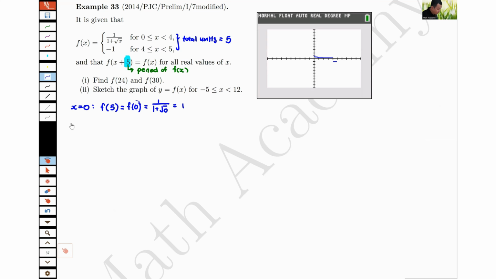So let's do one more round. Can I put the value 5 into that equation here, and observe what happens? This top equation now becomes f(10) = f(5), and I know f(5) is the value 1.